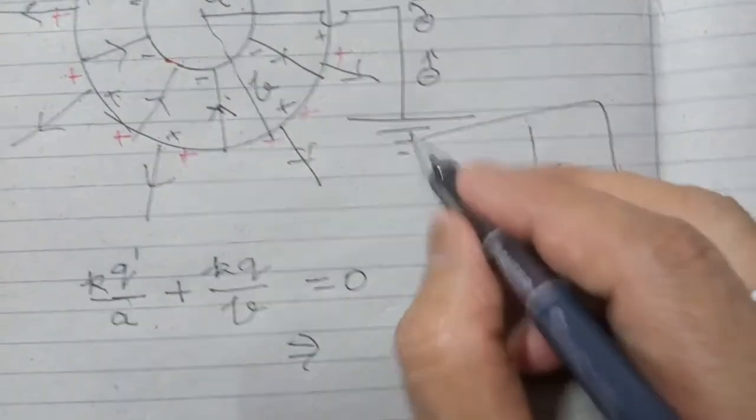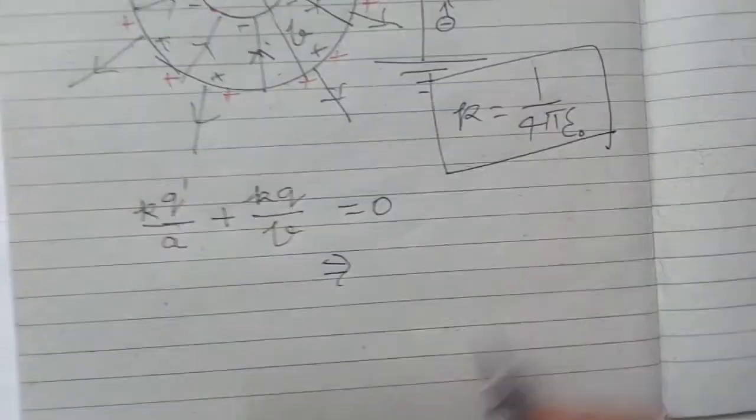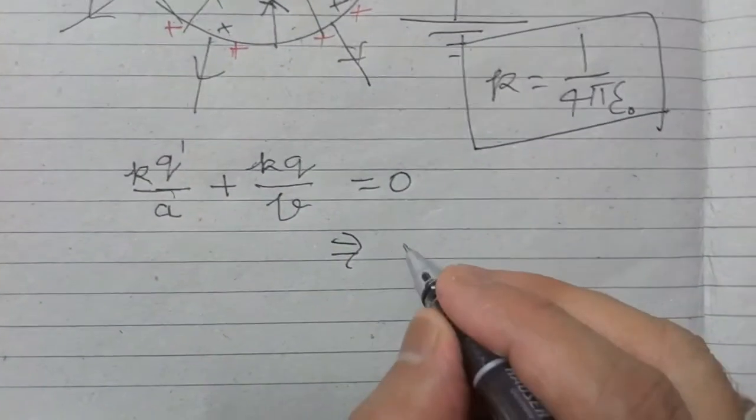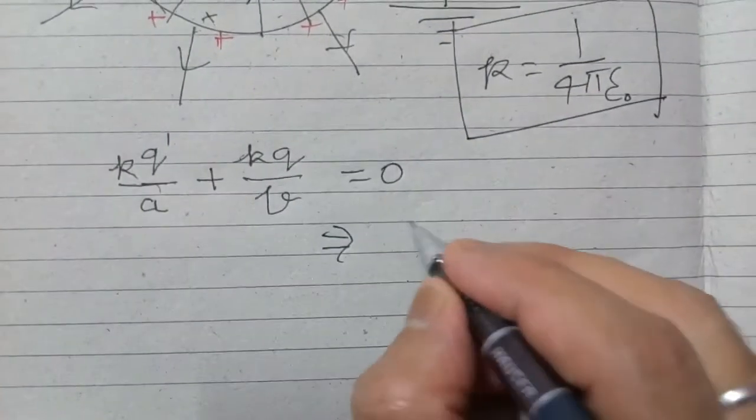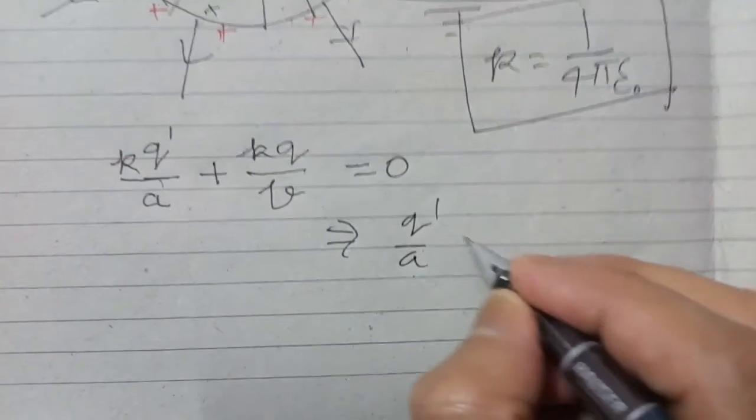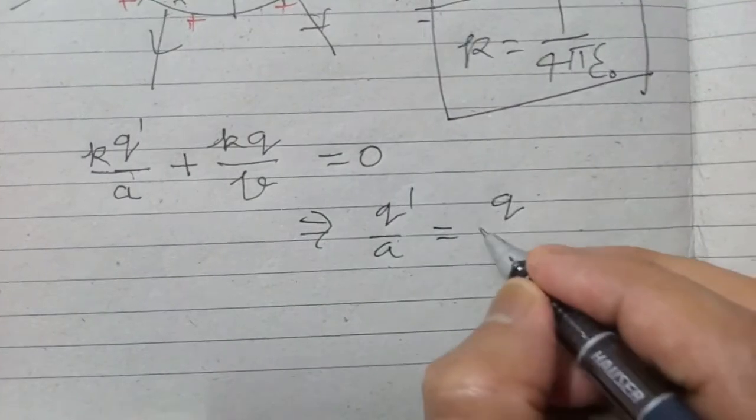On solving, k cancels, so q dash upon a is equal to q upon b.